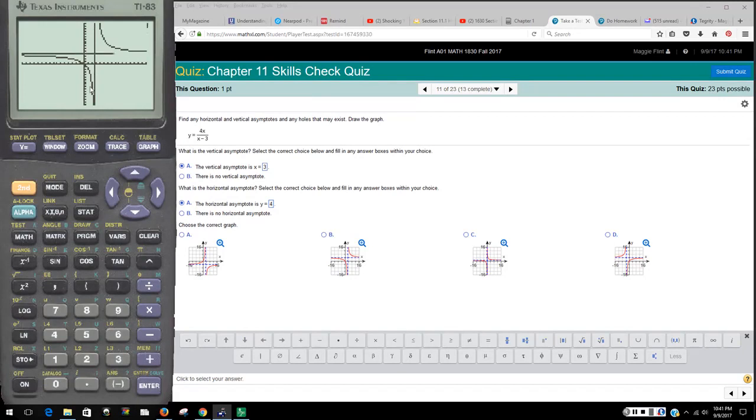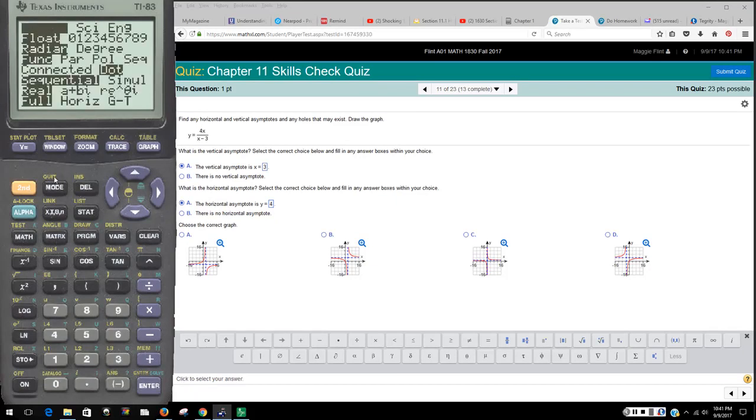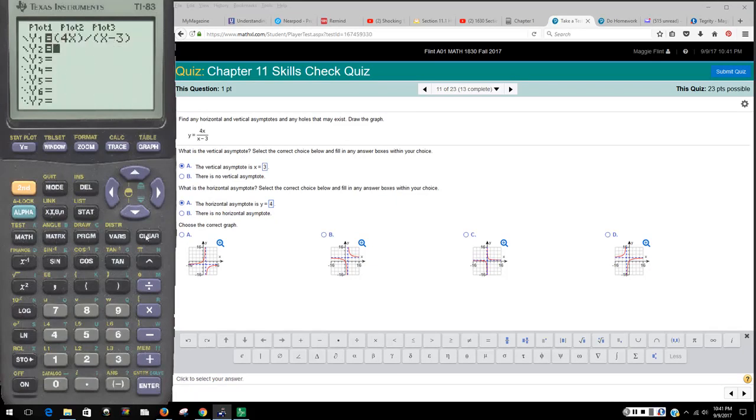We see that we don't really need the horizontal asymptote anymore. So we see that it goes from the right down to infinity and then comes from positive infinity and goes out to the left.